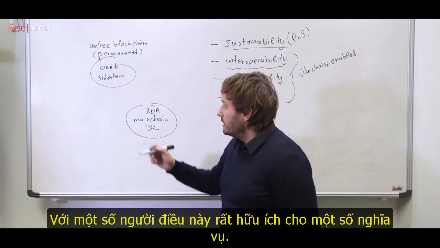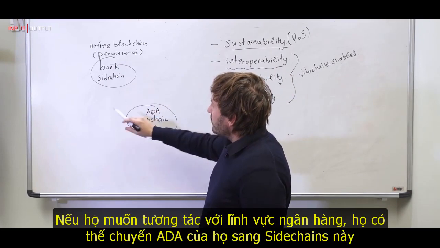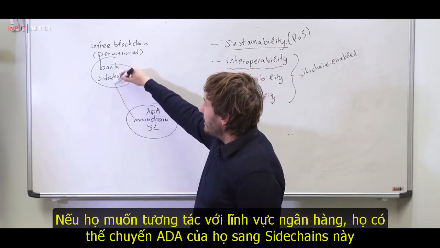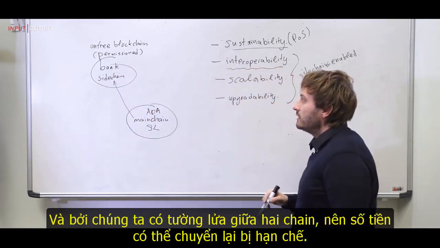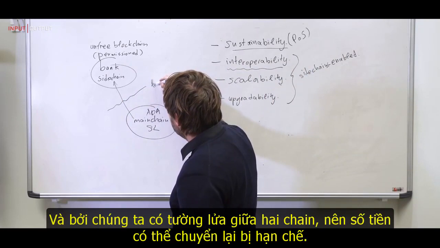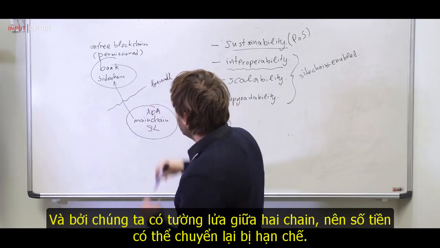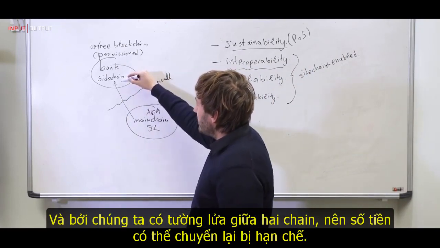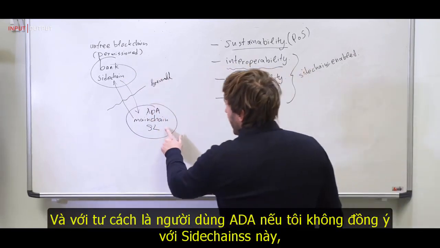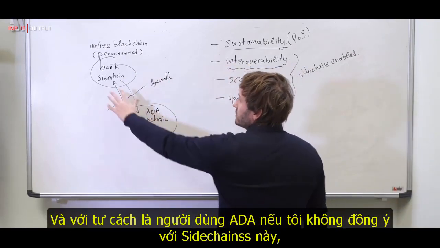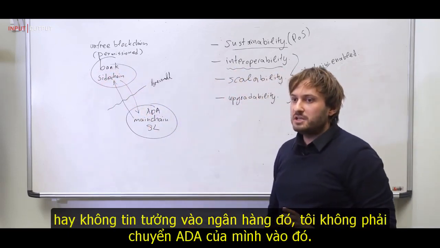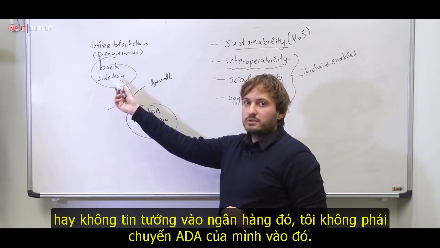Now, if these people wanted to interoperate with the banking sector, they could move their ADA to this sidechain. And then, because we have the firewall property between the two, the amount of money that can be moved back is limited. And so if I don't agree as an ADA user, as a Cardano user, with this sidechain and the fact that it has trusted third parties, I don't have to move my ADA into it.